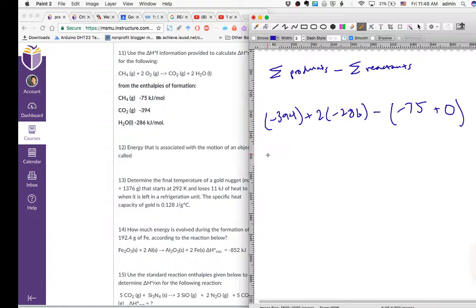So I'll figure this problem out now. These were all kilojoules per mole. This is a typo. I should have put kilojoules per mole in here in the practice problem. So there's not going to be any problems with the units.